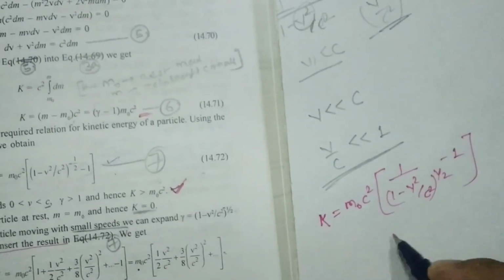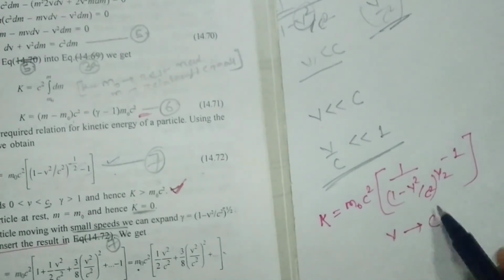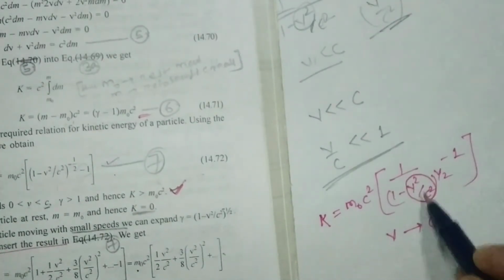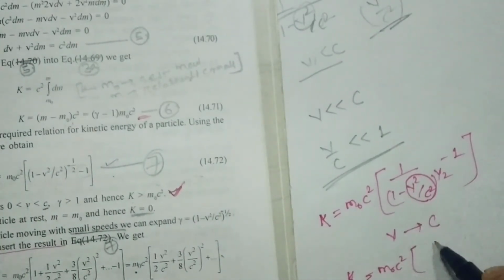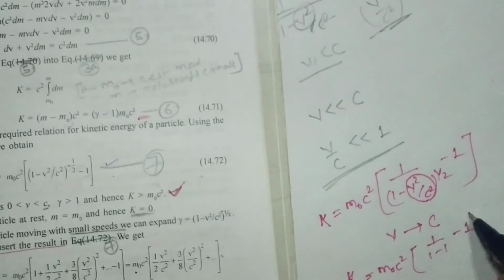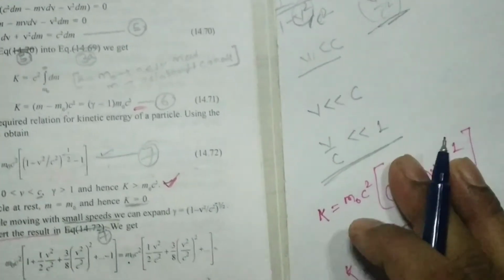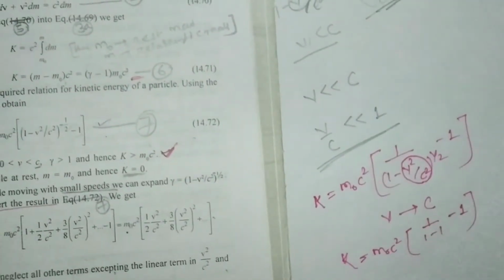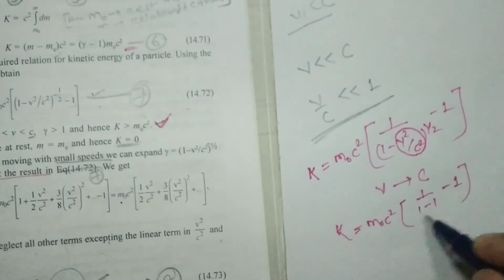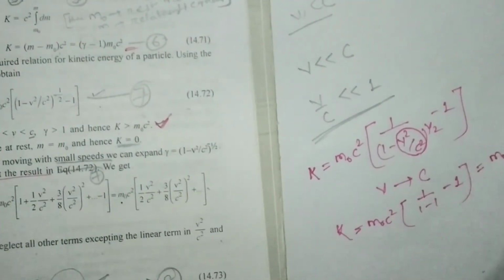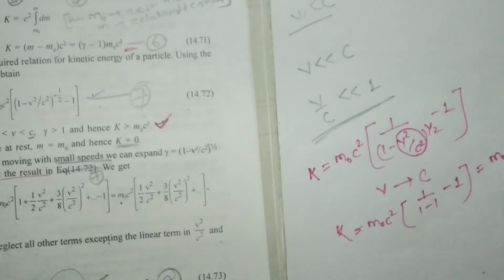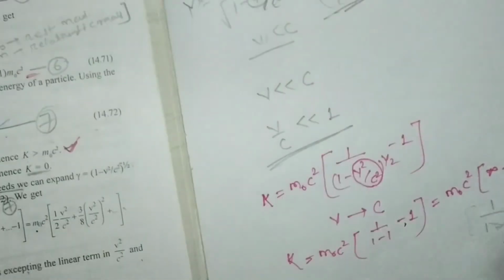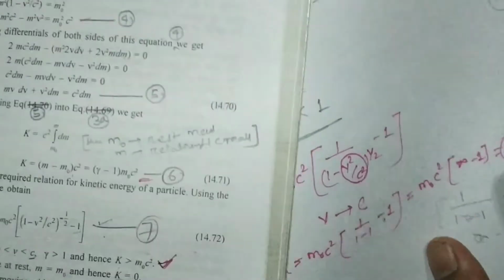When v approaches c, this term will be 1. So K equal to m0 c square into 1 by 1 minus 1, minus 1. Here 1 minus 1 means the value is 0. So K equal to m0 c square into 1 by 0, and 1 by 0 means infinite. Minus 1, it will still be infinite.